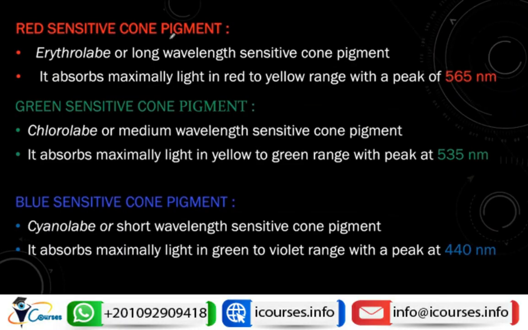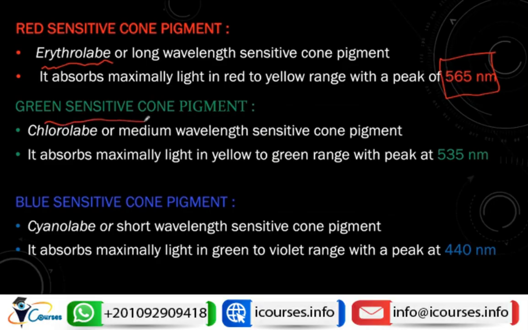So we have the red sensitive cones, which are sensitive to the longer wavelength. They have a visual pigment called erythrolabe and respond maximally to a wavelength of 565 nanometers.